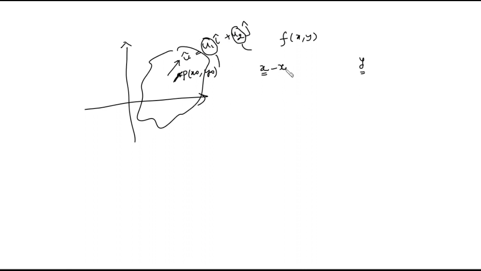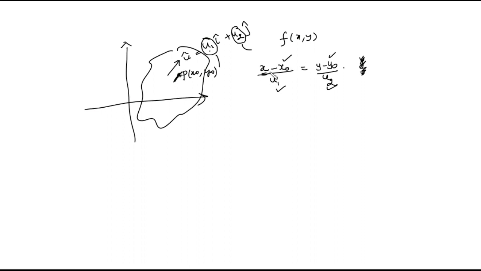As we know that we want to find out the derivative in the direction of u cap, so these direction ratios should be the same, right? x minus x0 upon u1 will be same as y minus y0 upon u2, where x0 and y0 are the point and these are the unit vector components.